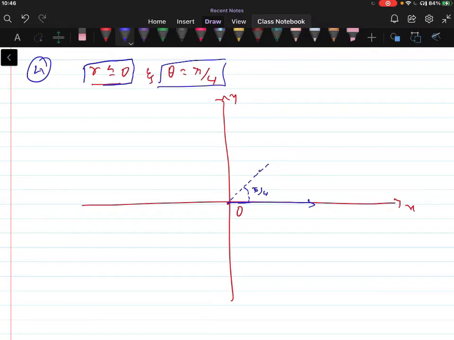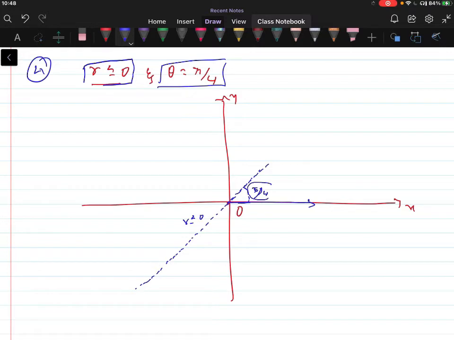Just extend the rays on the opposite side, in the third quadrant here. So this is extended to infinity, minus infinity. So this is r less than or equal to 0, and theta is equal to pi by 4 lies in the first quadrant.